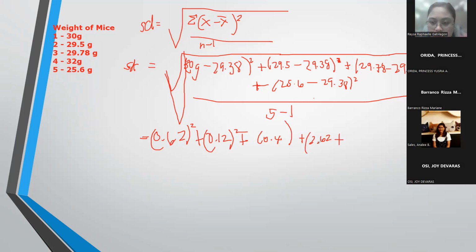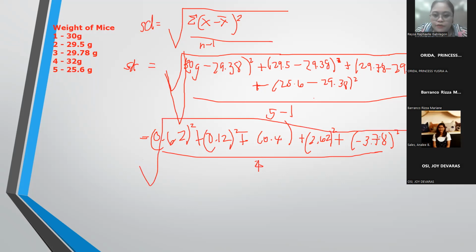And lastly, 25.6 minus 29.38 is negative 3.78. Then this is squared, divided by 4. This is divided by 4, and then the square root of everything.